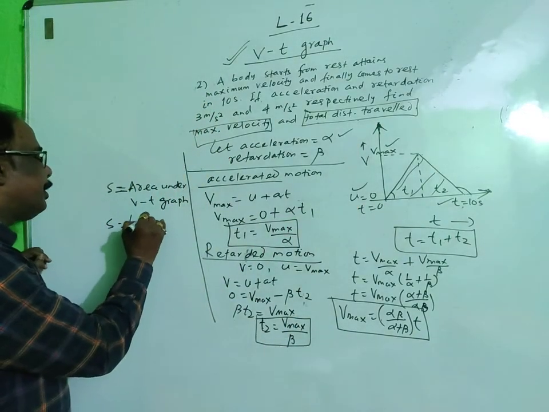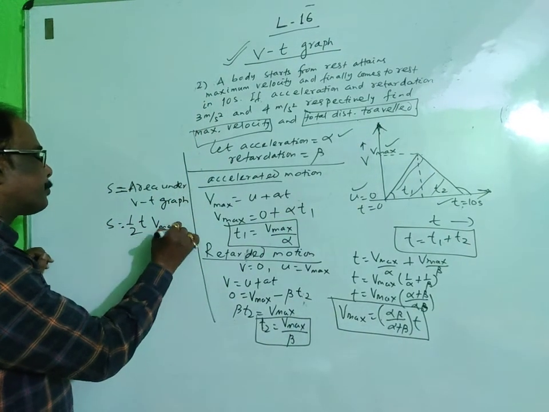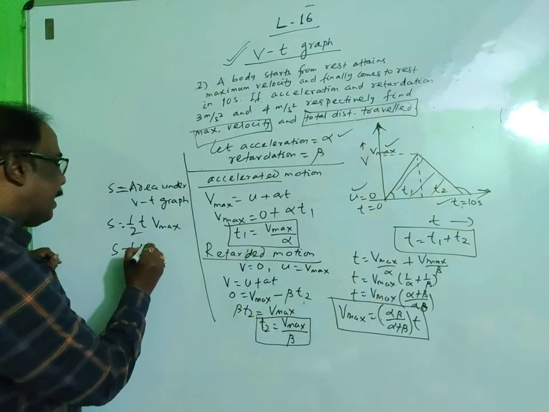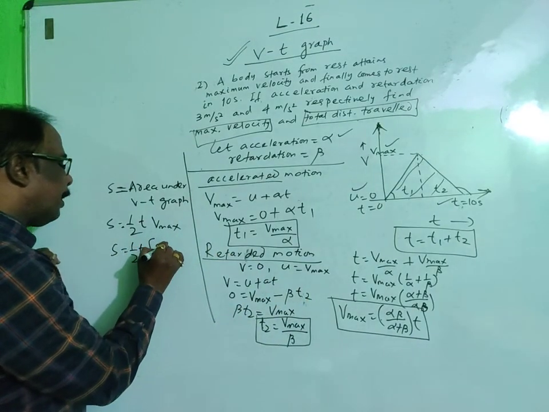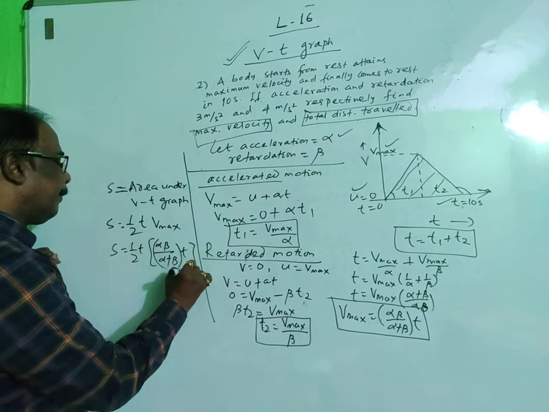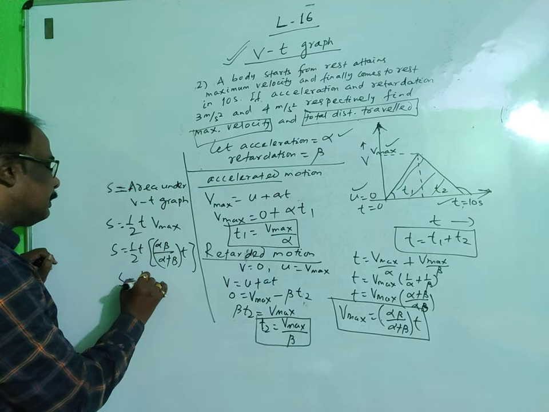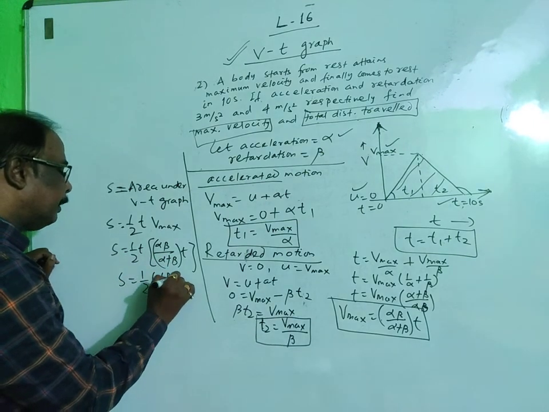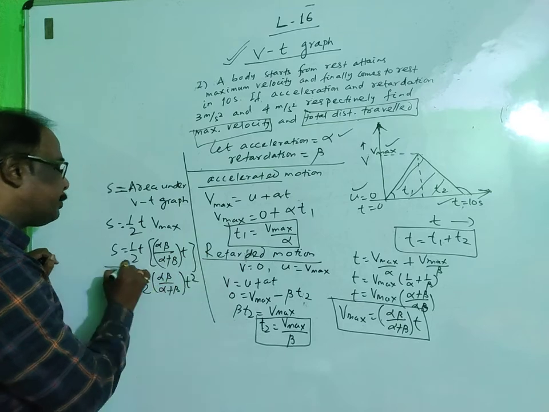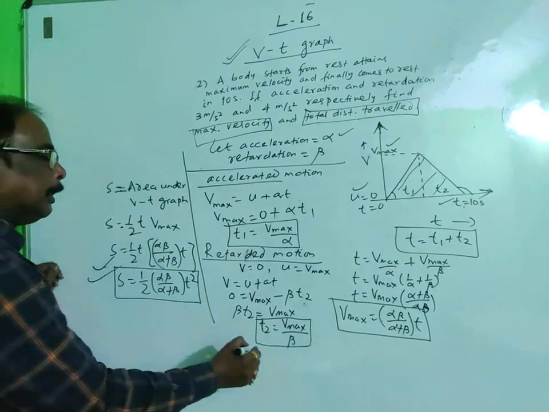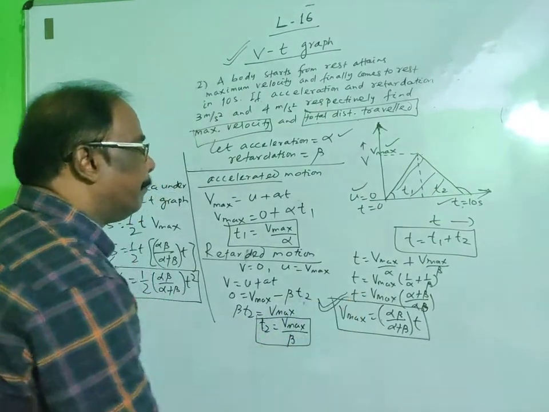Then total distance is half t into V max, and V max is alpha beta by alpha plus beta whole into t, so total distance is half alpha beta by alpha plus beta into t square. This is your formula for total distance, what is asked, and this is your formula for maximum speed.